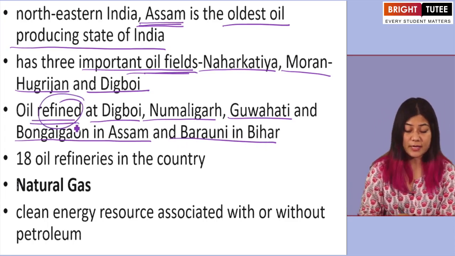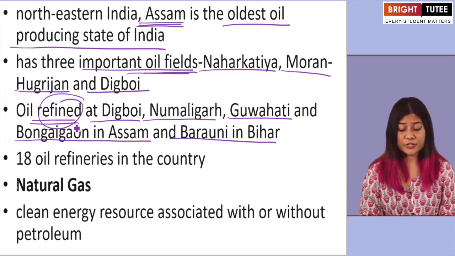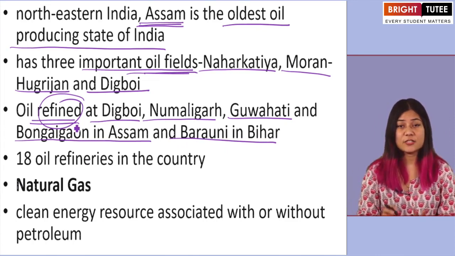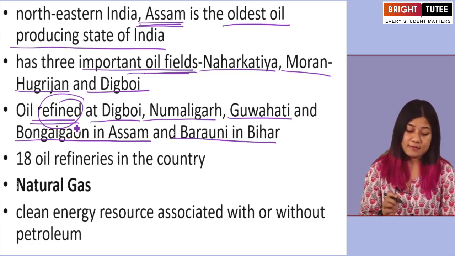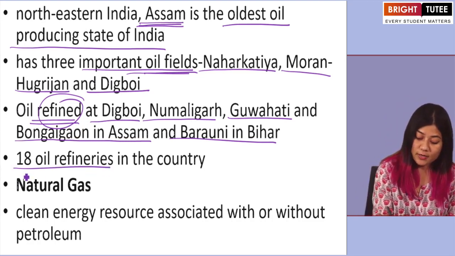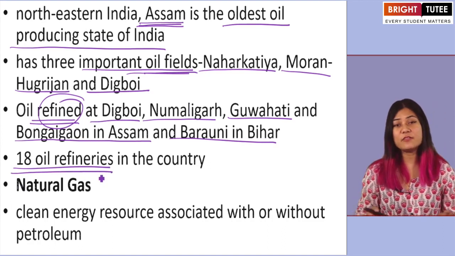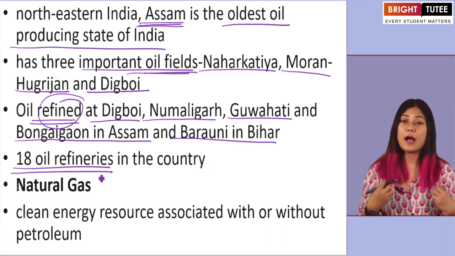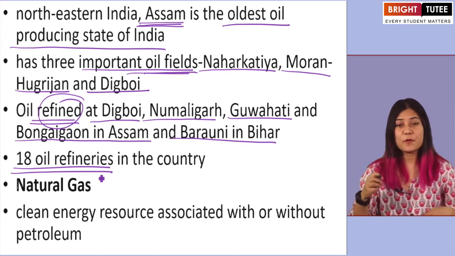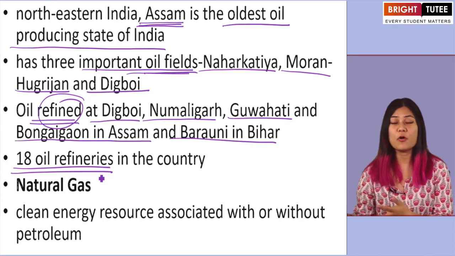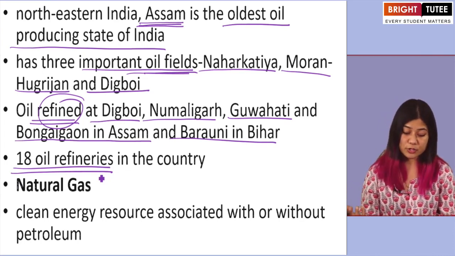In our country, if we look at the entire country, there are 18 oil refineries, and crude oil is transported to these refineries, and from there the refined crude oil or petroleum is produced.